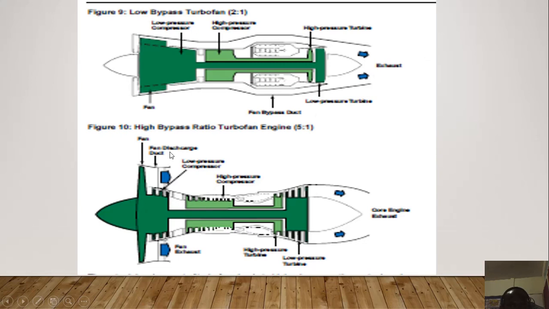If we look at the high bypass ratio, we see the fan, we see the fan discharge duct, we see the low pressure compressor, we see the high pressure compressor, the high pressure turbine, then the low pressure turbine.